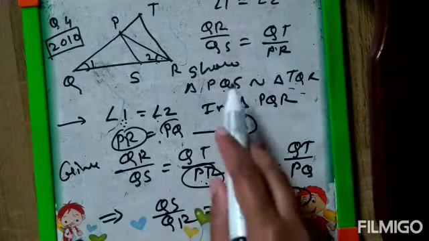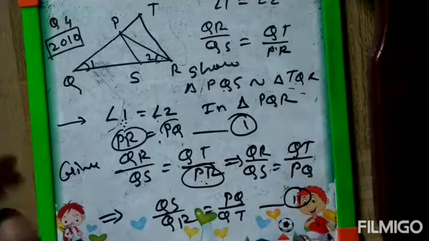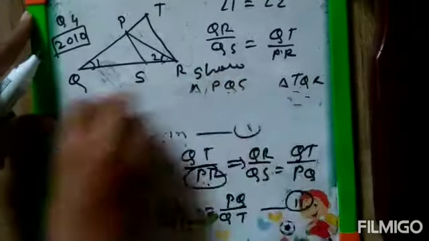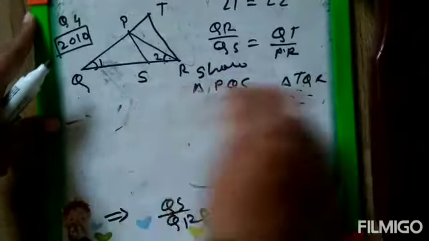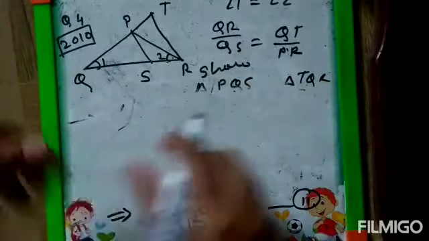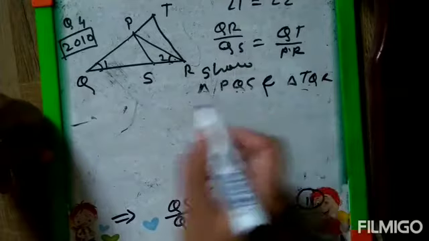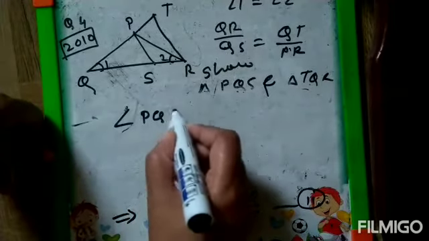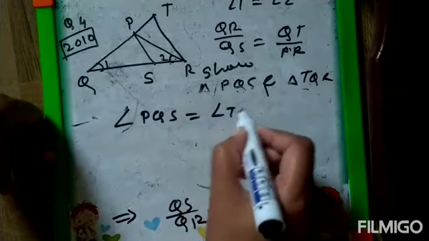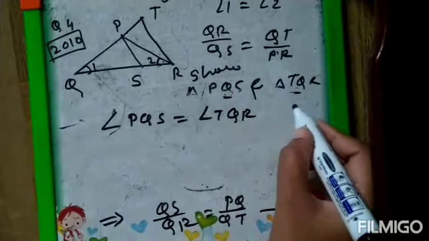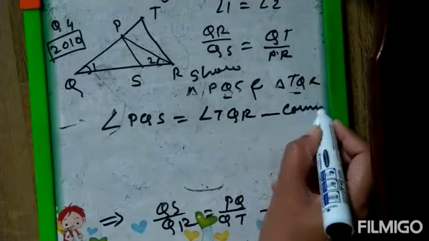Now take the triangles we have to show similar, triangle PQS and triangle TQR. In triangle PQS and TQR, angle PQS is equal to angle TQR, because angle Q is common, so we have one angle.